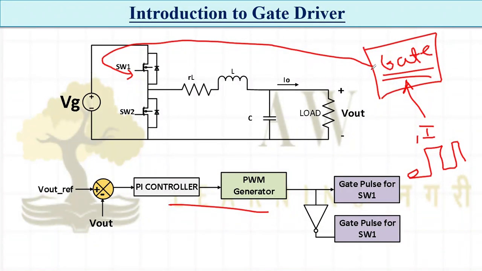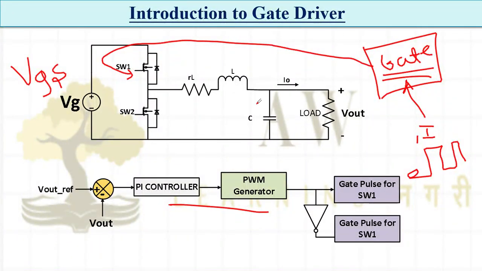What will the gate driver do? It will amplify the signals, and then we can give them to my switches. You have generally heard this term: on application of the VGS, the gate to source voltage, some amount of current will flow and my switch turns on. This is the general thing which happens, right?